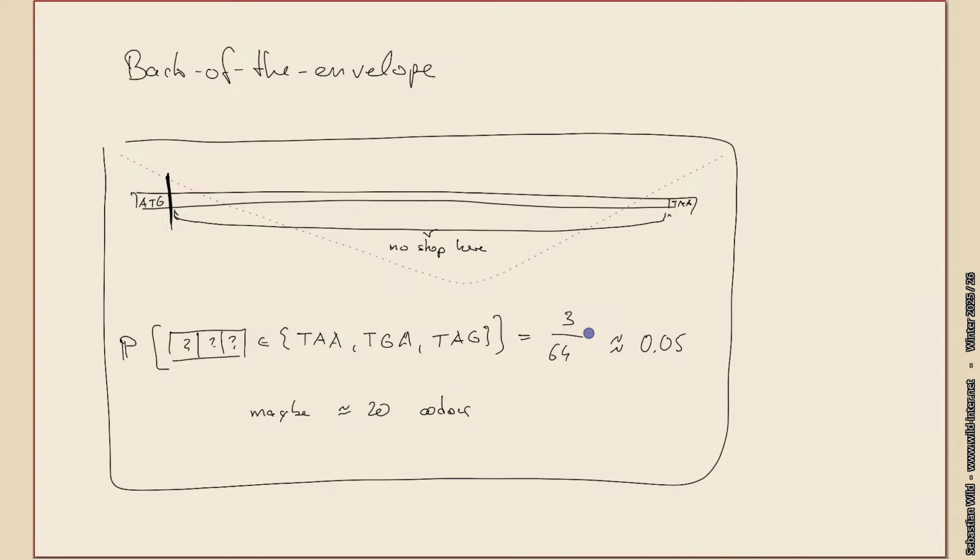That's the same thing again. So 60 base pairs. Again, this is incorrect in a specific way, but the order of magnitude is not wrong.